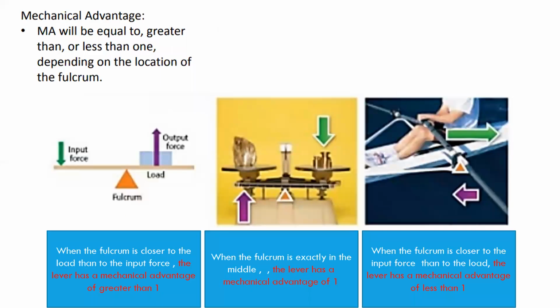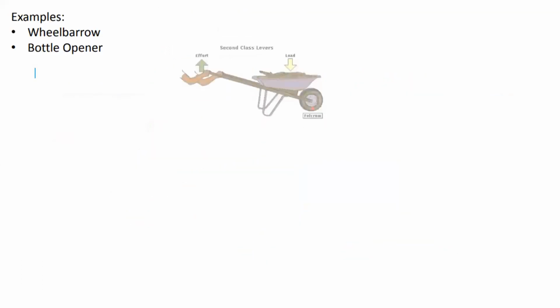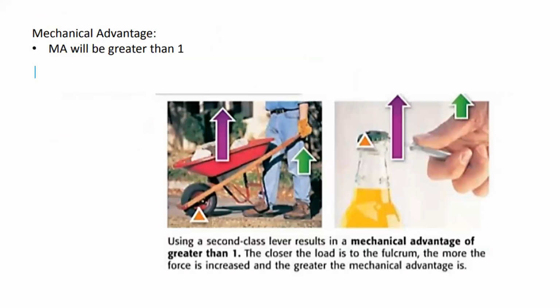Now let's remember, I told you that there's a relation between the load and the fulcrum. If the fulcrum is near the load, the mechanical advantage will be greater than 1. And here also in the second class, the fulcrum point is here, the load is here, and the input force is here.